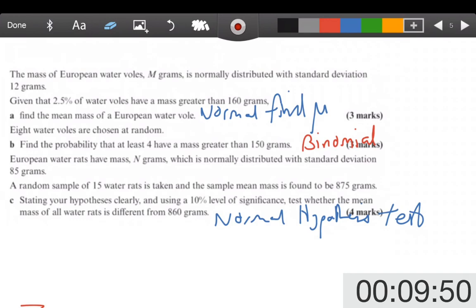I'm not sure what's going on. You've got z equals x minus mu over sigma anyway. I'm just going to try and fiddle with my settings. Can't do anything while I'm streaming. Okay, we'll have to deal with it for today then.